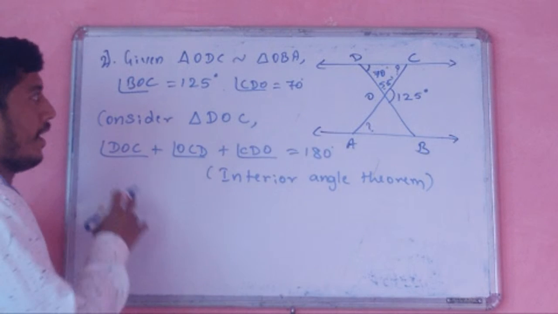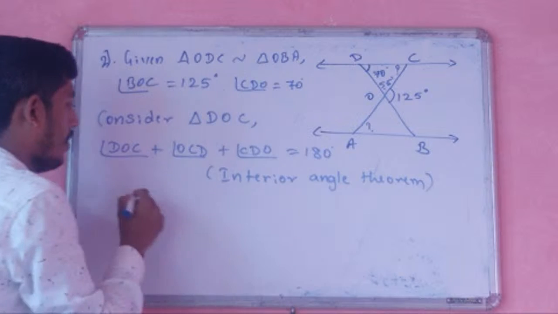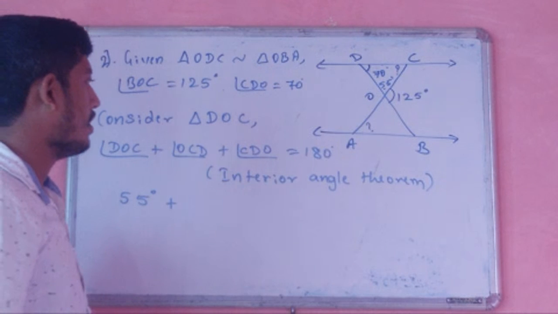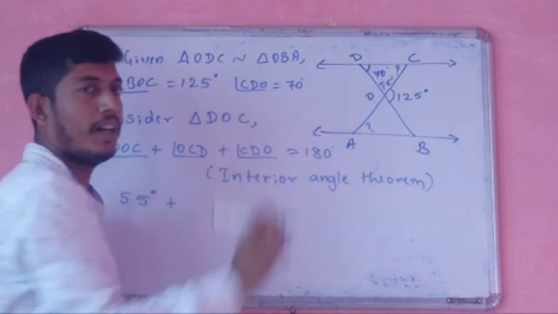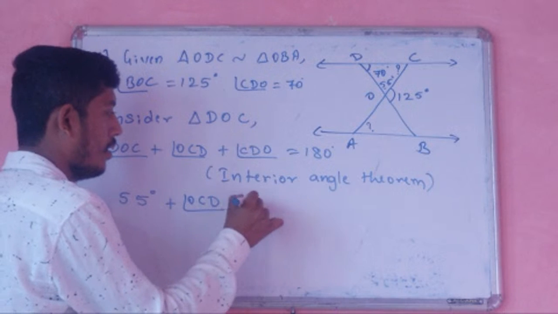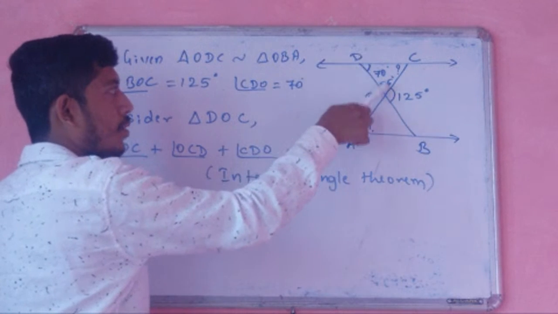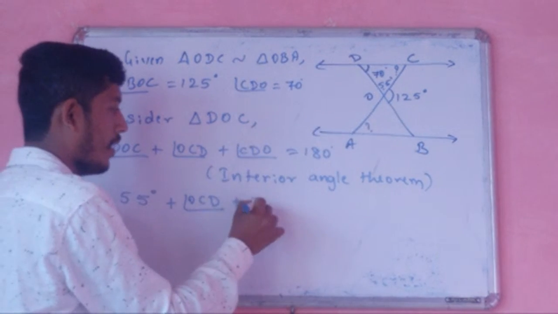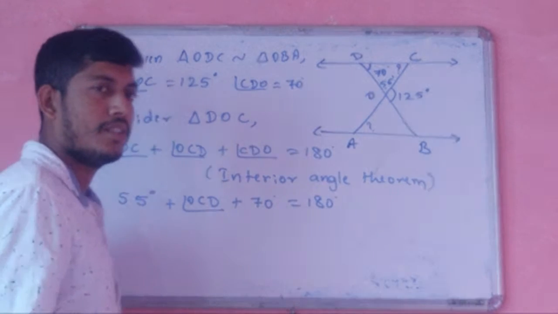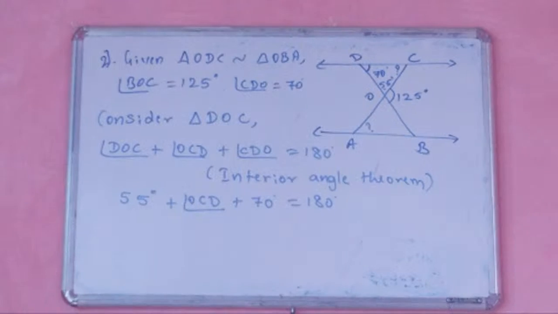Angle DOC is 55 degrees, we just calculated that. Then angle OCD is unknown here. Plus angle CDO, that is the given angle, 70 degrees, is equal to 180. So just try to find out the answer.